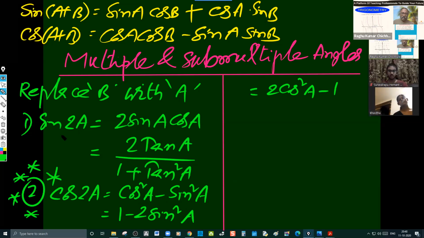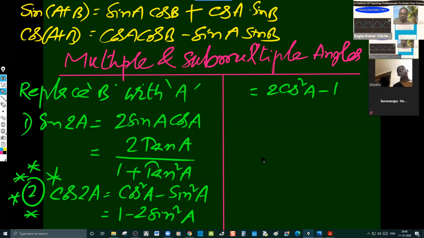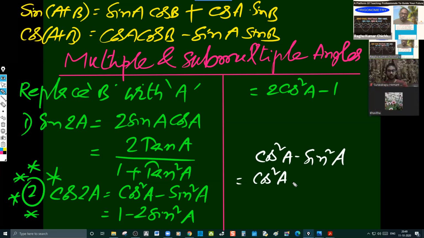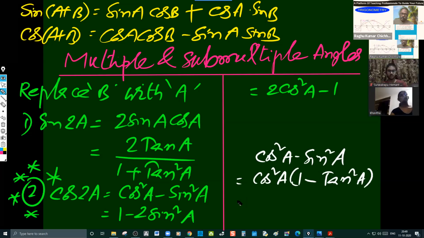Now, the method I applied to derive sine 2A in terms of tan, the same is to be applied here also. And it is like this. If you take cos square A minus sine square A, I want to say this in terms of tan, so take cos square A common. If you take cos square A common, what happens? You'll get 1 minus sine square A by cos square A, which is tan square A. Now I'll get this cos square A to the denominator.